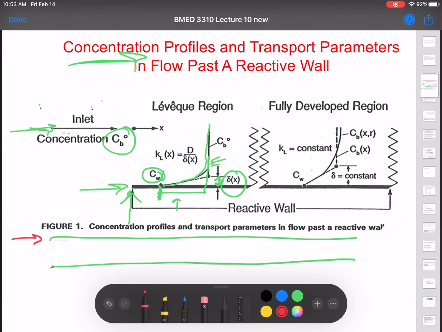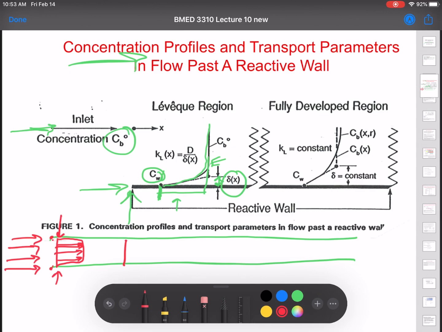If it's all coming in like this, so everything's at the same velocity, it hits this wall here and gets slowed down. If you draw the velocity profile, most of the fluid doesn't even know that we've hit a wall, and just up next to the wall, the velocity has decreased.